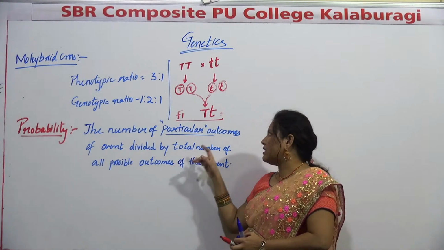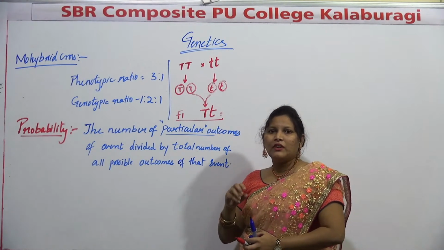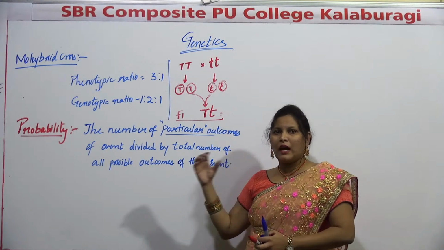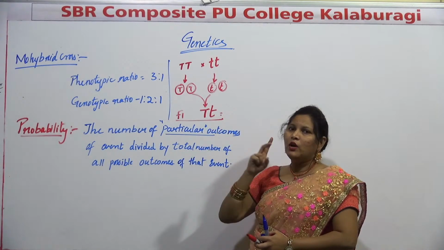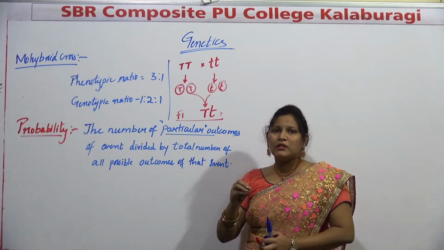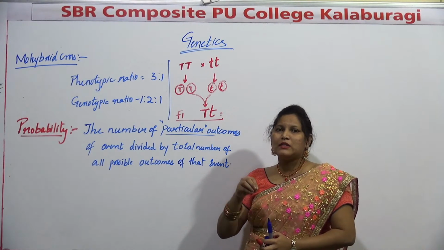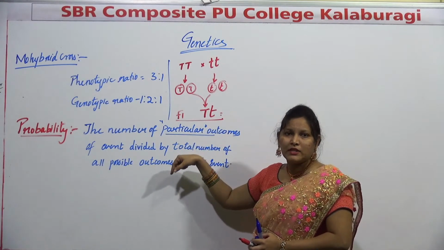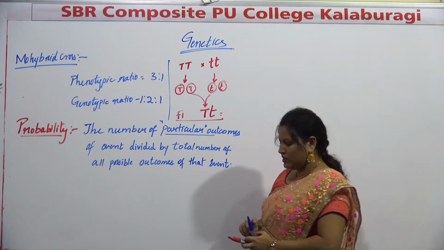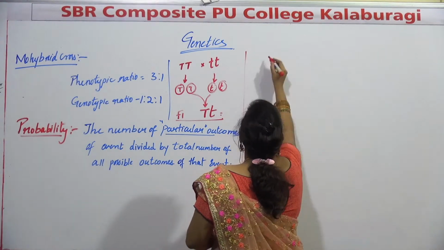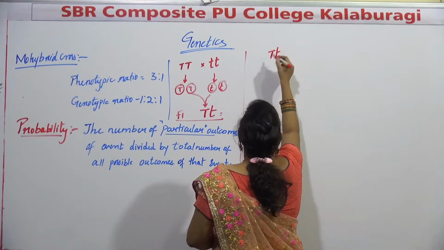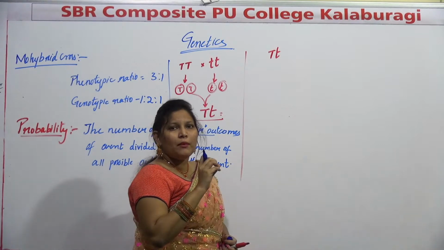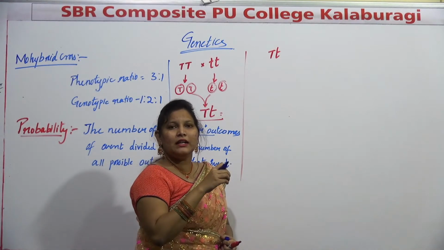Once again, see here. In the F1 generation, we can define this probability as the total number of gametes. How many gametes can be produced by this individual? 2 gametes. Out of these 2 gametes, how many gametes have the possibility of having the allele capital T is said to be its probability. Capital T, small t. If this individual is producing the gametes, what is the probability of the gametes having an allele capital T?